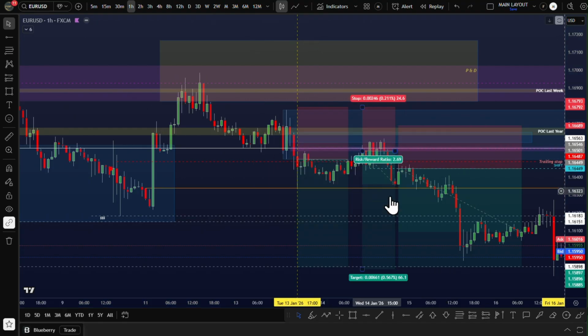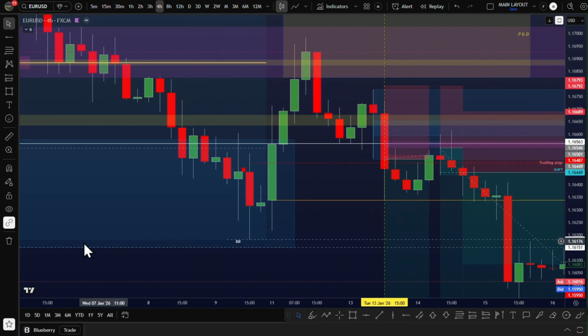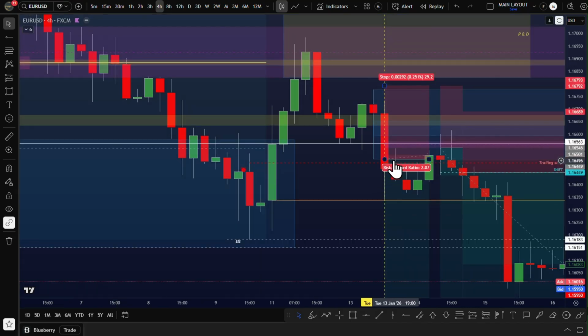As soon as I saw this bearish closing below this low, I got in a trade, my first trade.